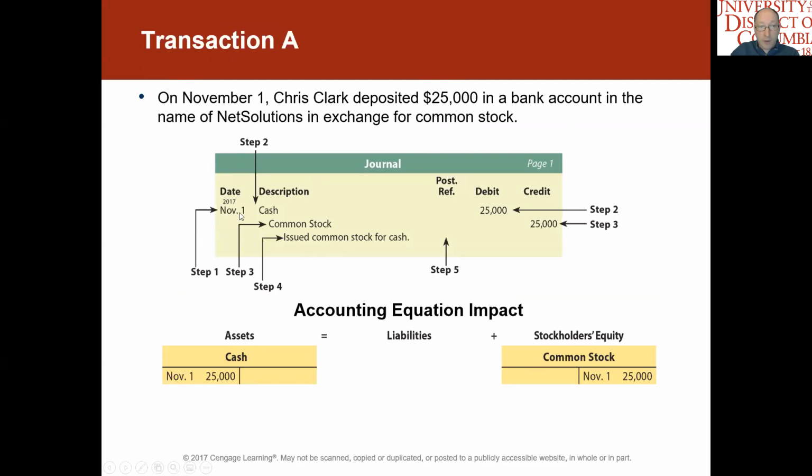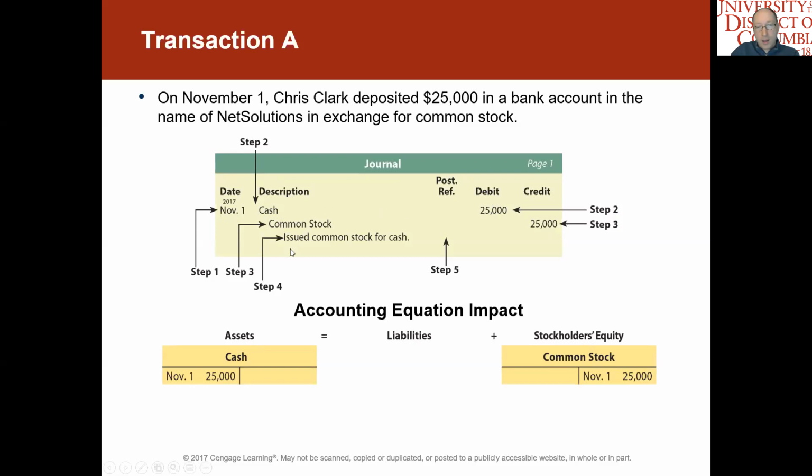We said it happened on November 1st, so November 1st is the first thing we do. We enter the date. The second thing we do is enter the debit account. In this case, it's cash, and we enter the debit amount of $25,000. Then we come a row down, and we enter the credit account for common stock. We enter the credit amount of $25,000.